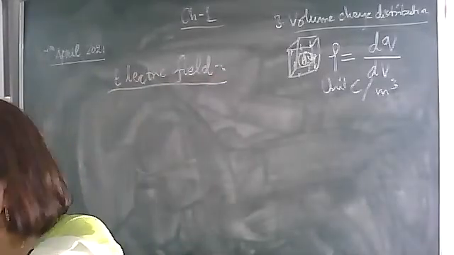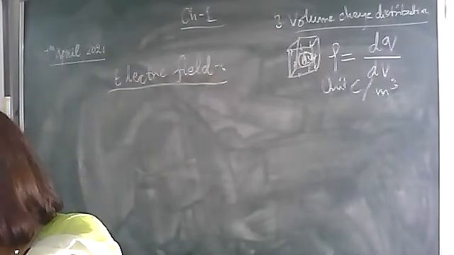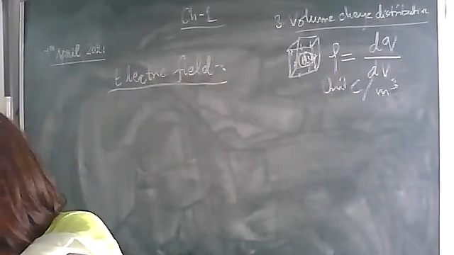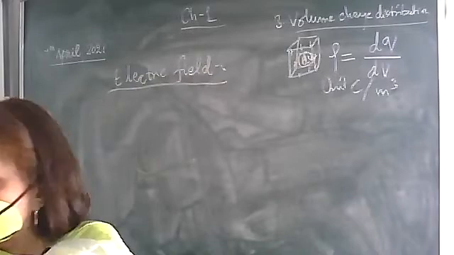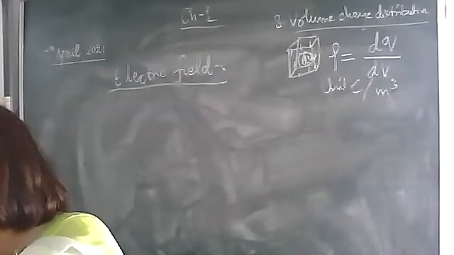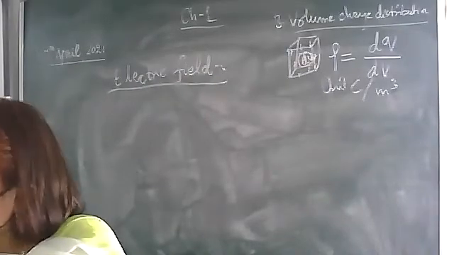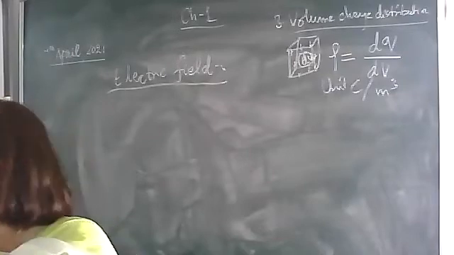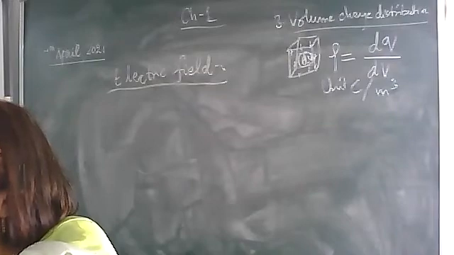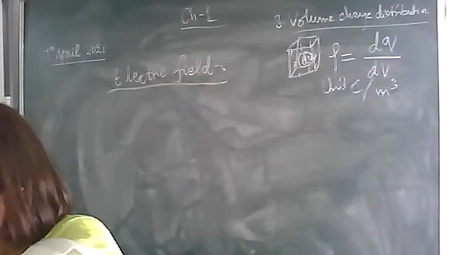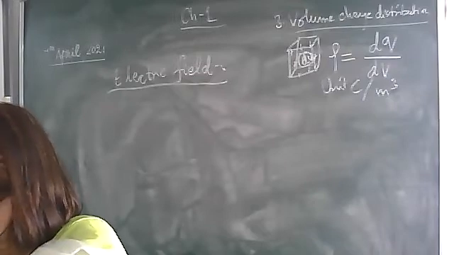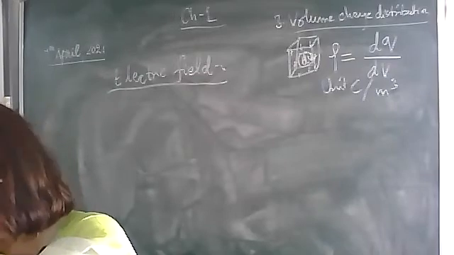It is the region of space near a point charge in which its electrostatic force can be experienced. So for a particular charge, there will be some region of space around it in which its electrostatic force can be experienced. This region of space around the point charge is called the electric field. So what is electric field? It's the region of space around the point charge in which electrostatic force can be experienced.